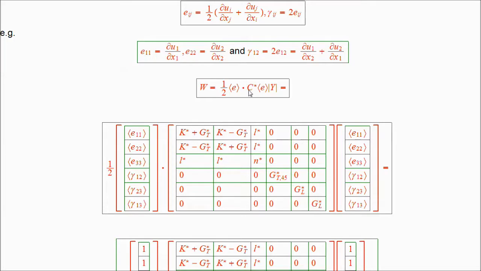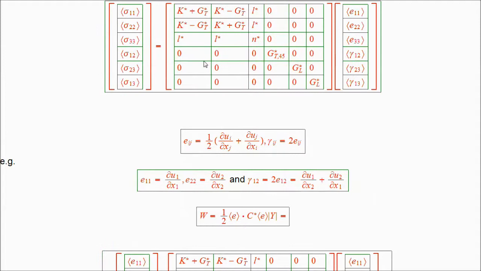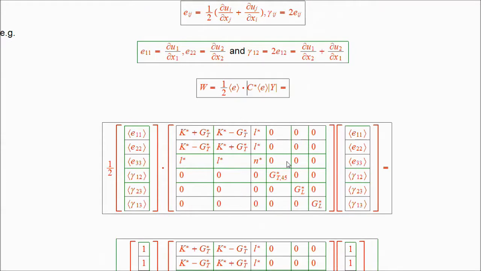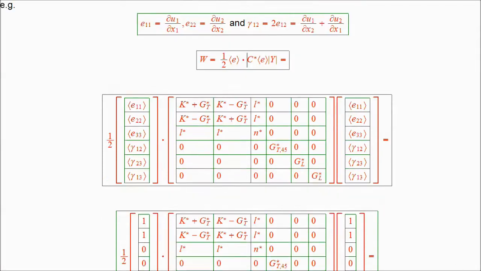In this formula, C star is just the matrix shown above. So this matrix is just multiplied with the strain vector, and the strain vector is equal to 1, 1, 0, 0, 0, 0. So there is, let me show you.